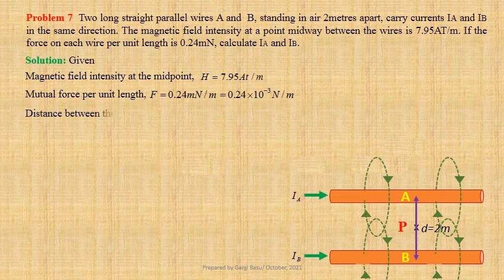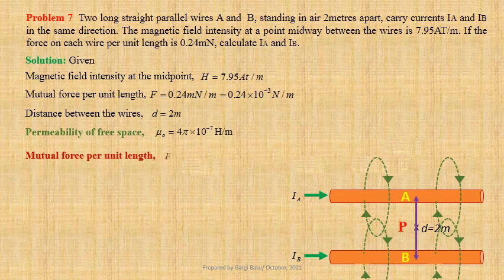Distance between the wires, D equals 2 meters. Value of permeability of free space or air, mu0 equals 4 pi into 10 to the power minus 7 Henry per meter. Expression for mutual force per unit length, F equals mu0 times IA into IB divided by 2 pi times D.